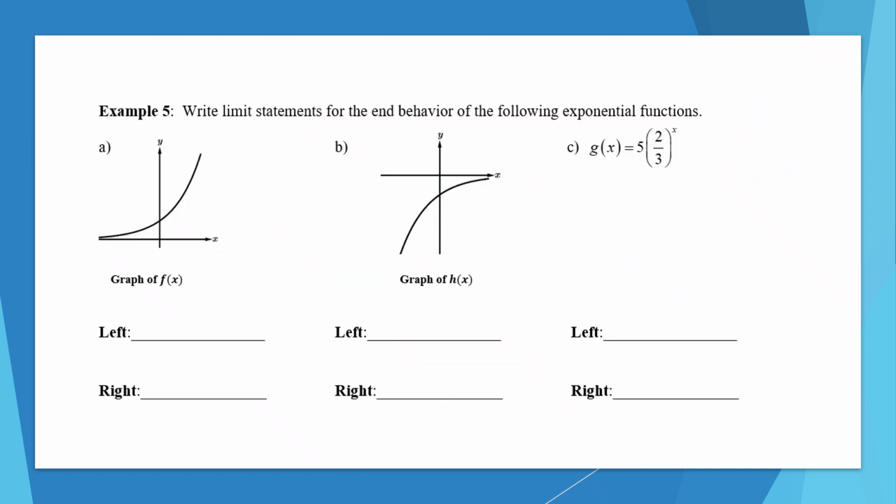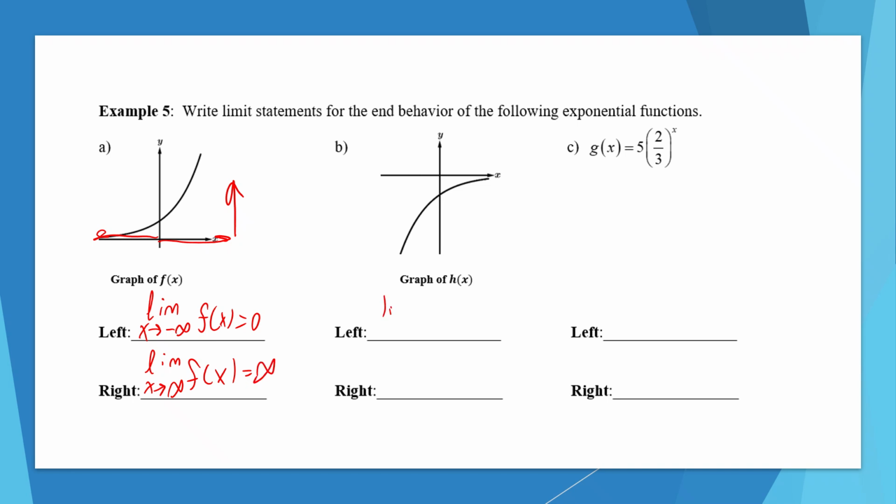All right, example number 5. Write the limit statements for the end behavior of the exponential function. So this should be, if we write our left-hand limit, this is approaching 0, and our right-hand, this is going to positive infinity. So the limit as x approaches negative infinity for f of x equals 0, and then the limit as x approaches positive infinity for f of x equals positive infinity.